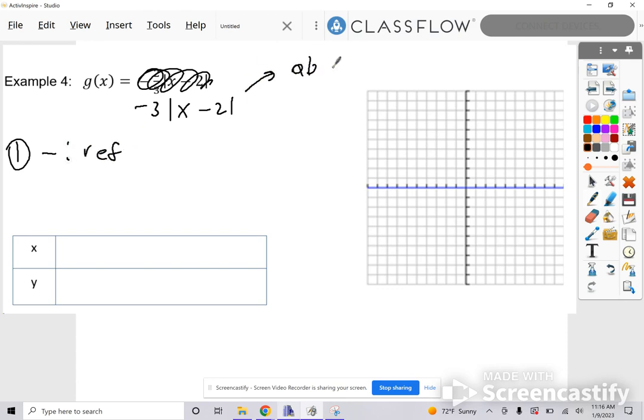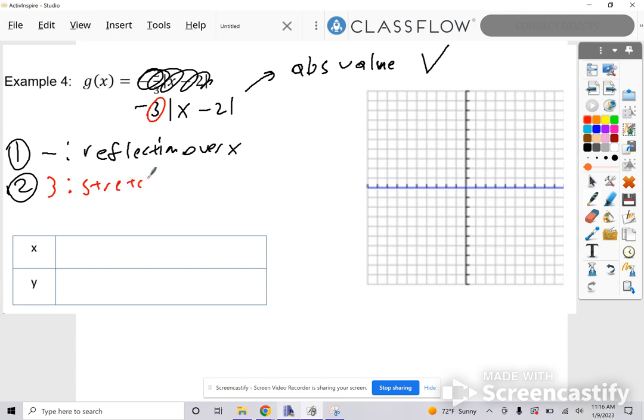This is an absolute value, meaning we've got a V shape. Reflection over x. Sorry, I was trying to make sure I squeeze this video into the time so YouTube doesn't get mad. The 3, not the -3, just the 3 is bigger than 1. So we've got a stretch by 3.